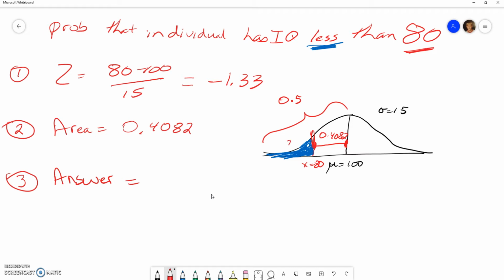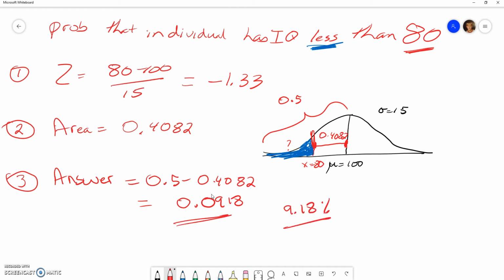We want to know the shaded-in section here, so once again we subtract, and we get an answer of 0.0918. If you want, you can change that to a percentage. Either one is correct; 4 decimal places is preferred. It tells us there is a 9.18% chance of randomly selecting an individual in the population and having his or her IQ less than 80.